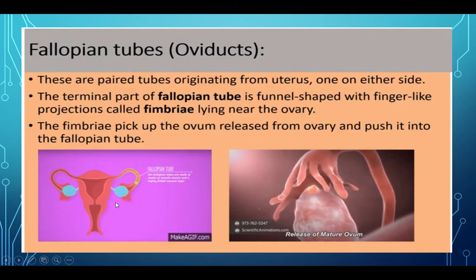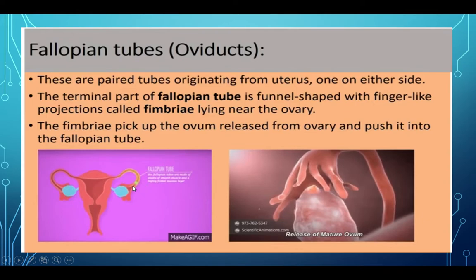This area is shown for you separately. The terminal part of the fallopian tube is funnel shaped with finger-like projections called fimbriae. It lies very close to the ovary, not touching, but very close to the ovary.